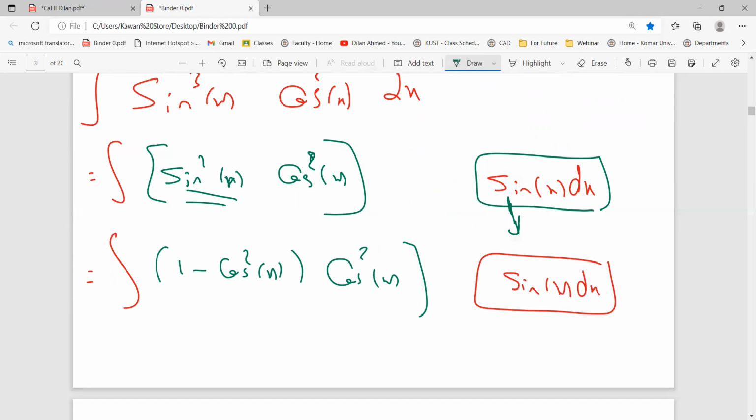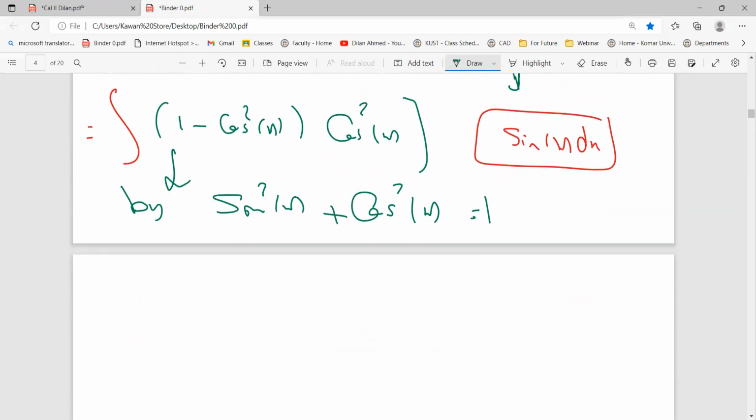I change sine square to 1 minus cosine square. How? Which identity? Sine square plus cosine square is equal to 1. The first one that you got in the trigonometry course in high school.